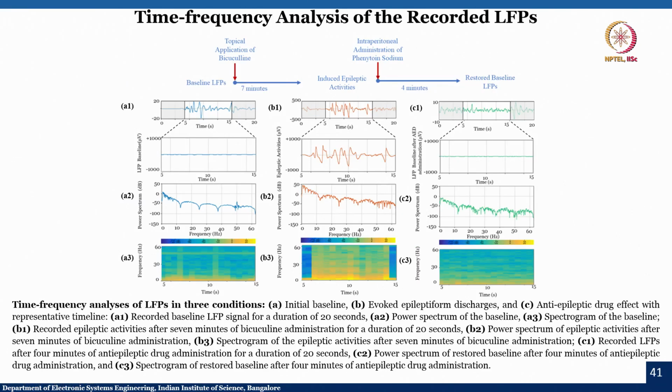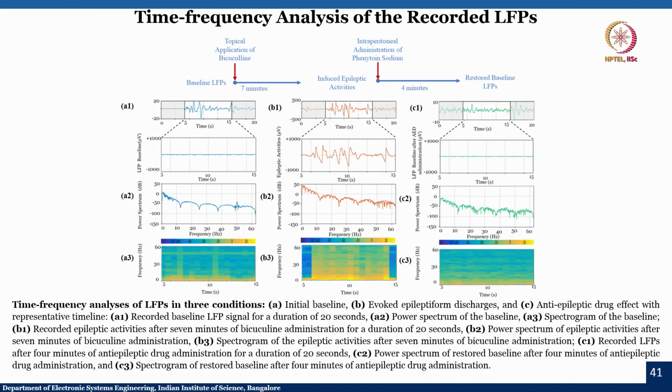When we perform the time frequency analysis, you can see from A1, A2 and A3 that A1 shows the LFP baseline, A2 shows the power spectrum analysis, and A3 shows the corresponding frequency with respect to time. All of these, A1, A2, A3, show the baseline form.